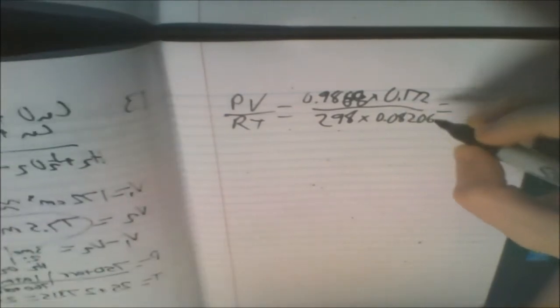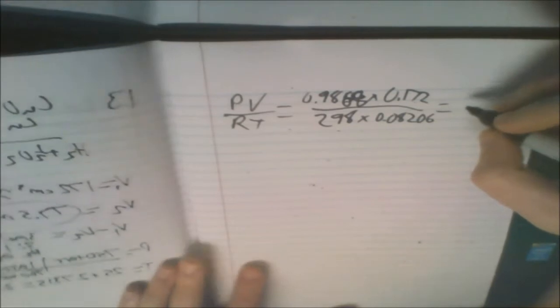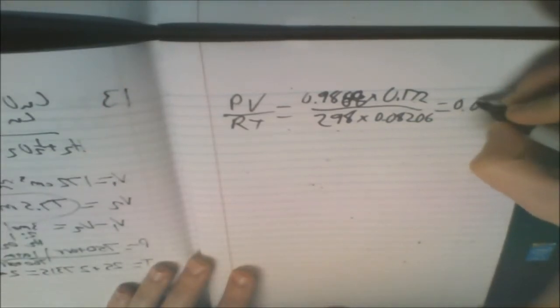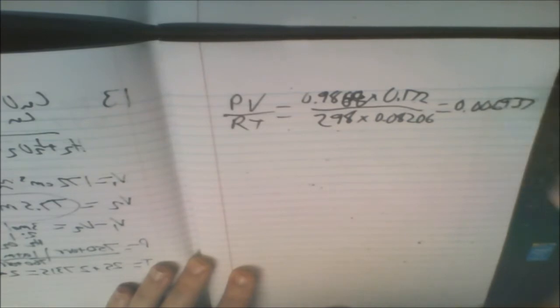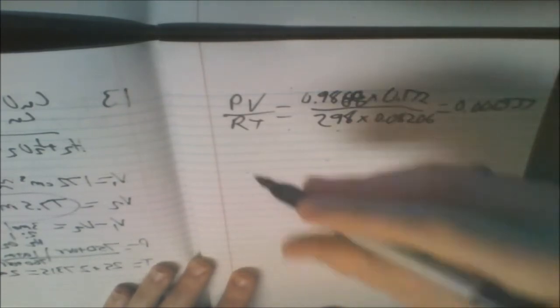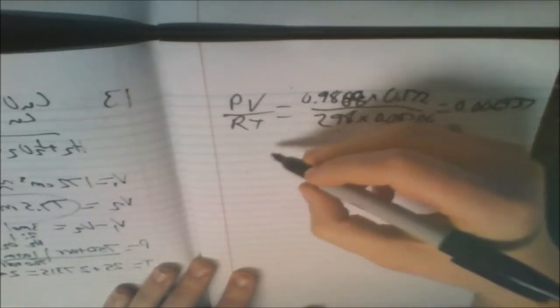So our moles in our first situation is 0.006937. That's our initial moles. Now doing this again.